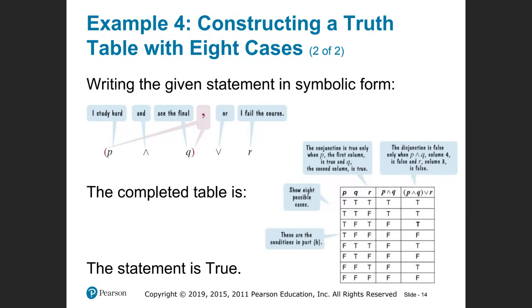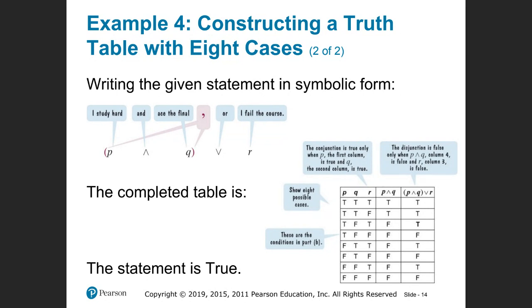So P, I study hard, and I ace the final. There's a comma, so we include those first 2 things inside parentheses, or I fail the course, which is R. So the completed table is going to look like this.